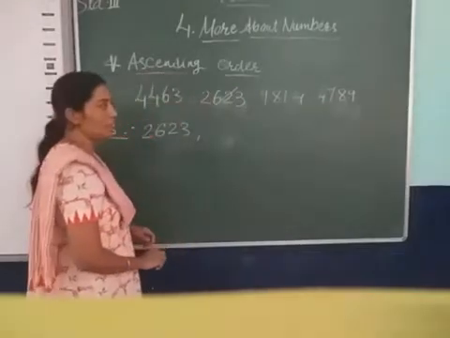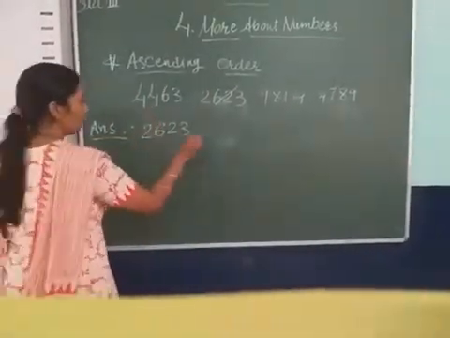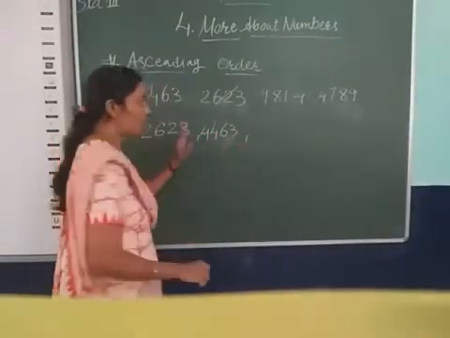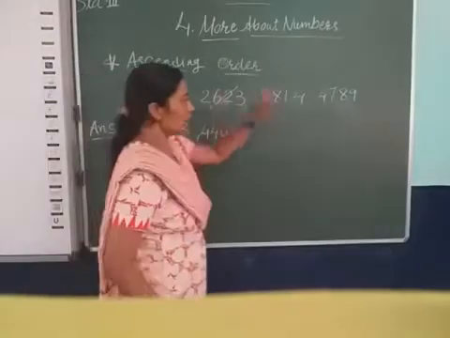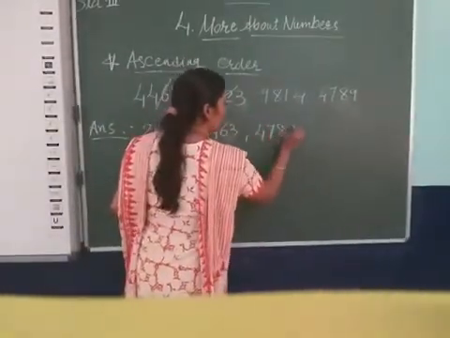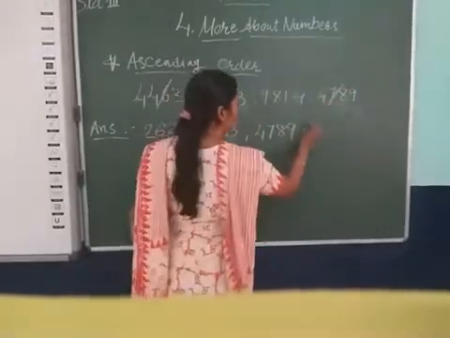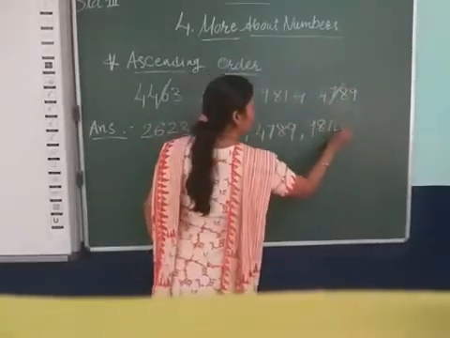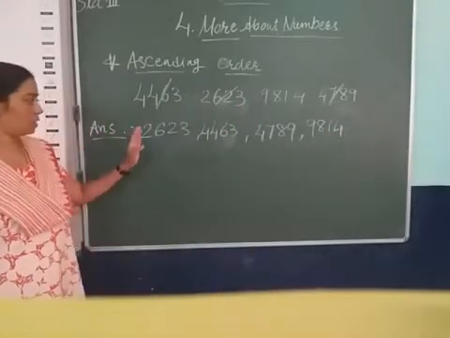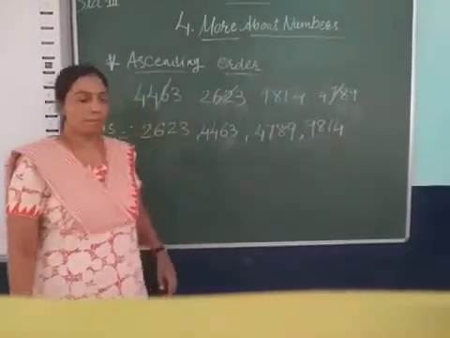So 7 is greater and 4 is smaller. The 4, 4, 6, 3 we write first, and next to this number 4, 7, 8, 9, and the last one is the greatest number, 9, 8, 1, 4. This way we arrange the numbers from smaller to greater, that is ascending order.